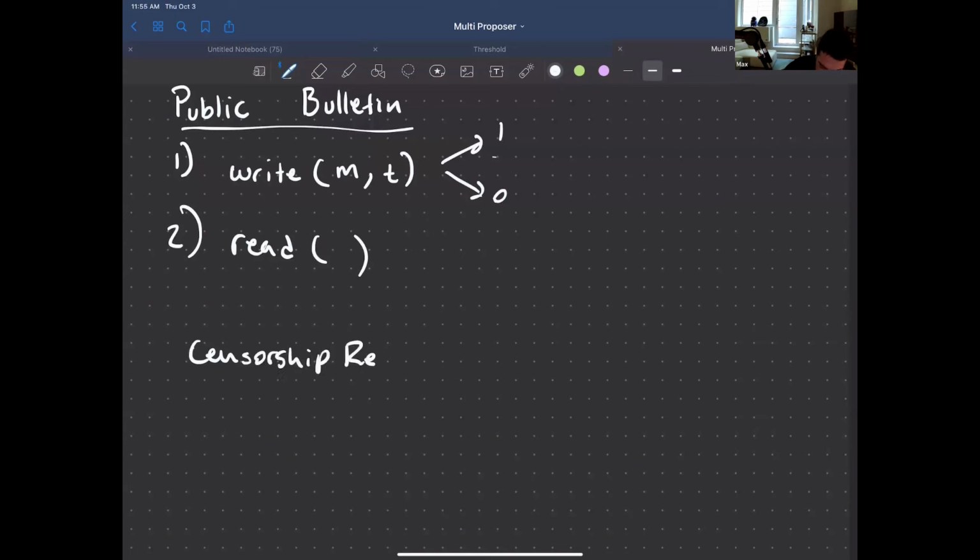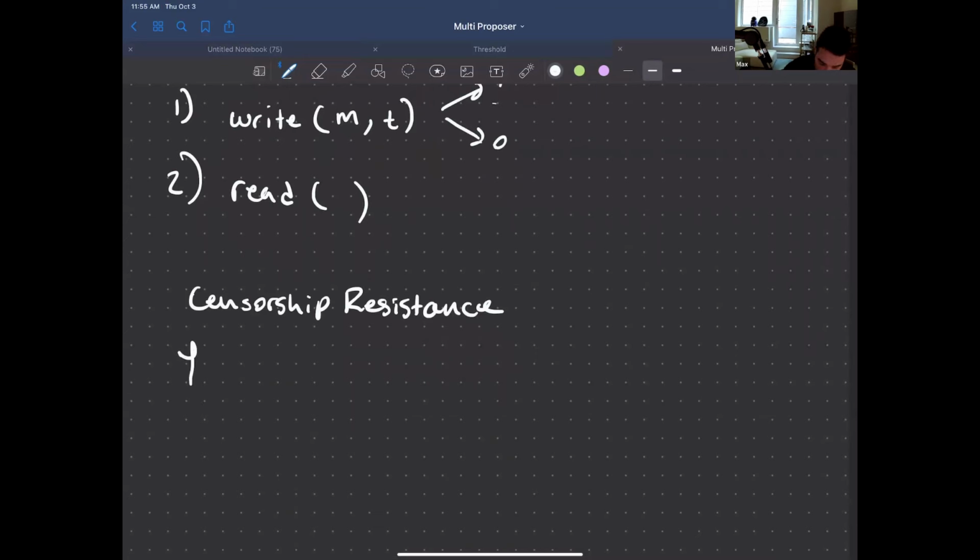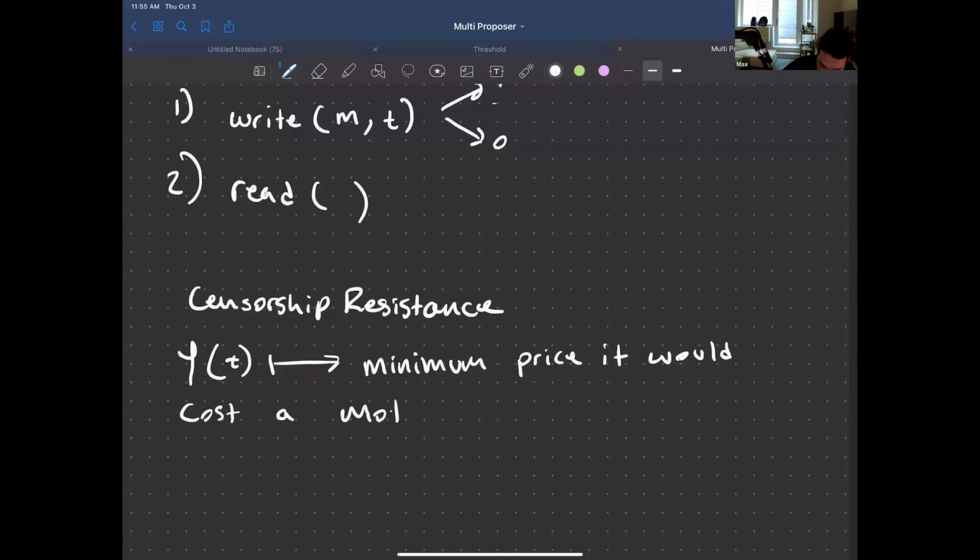The censorship resistance is a function phi, which takes as input T, and it maps to the minimum price it would cost a motivated adversary to make the write operation with some arbitrary message and tip T fail.